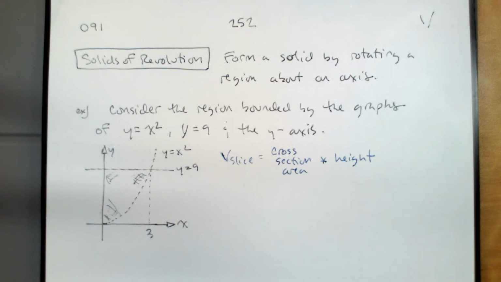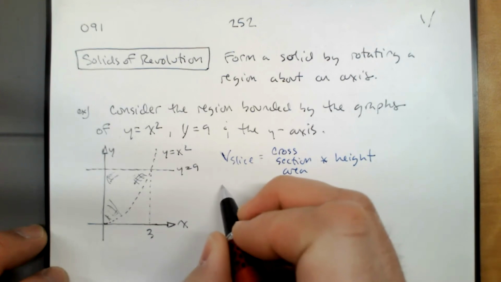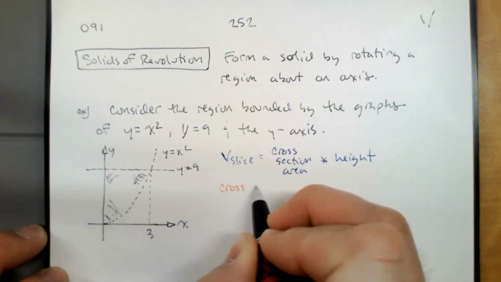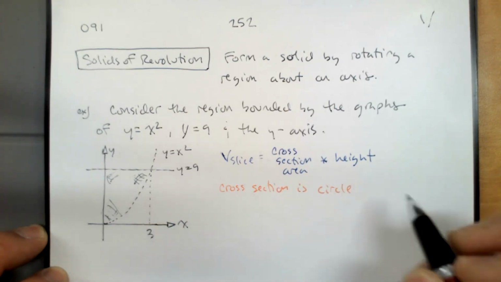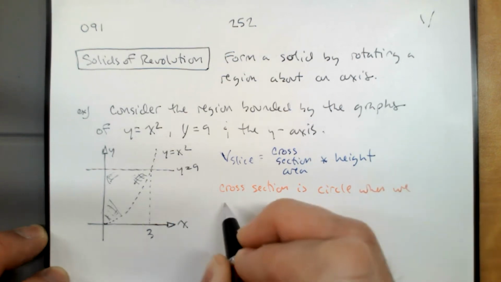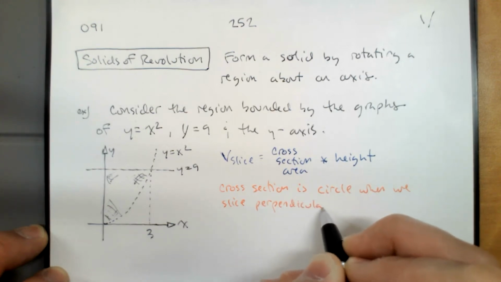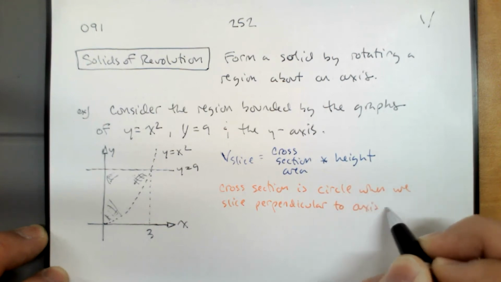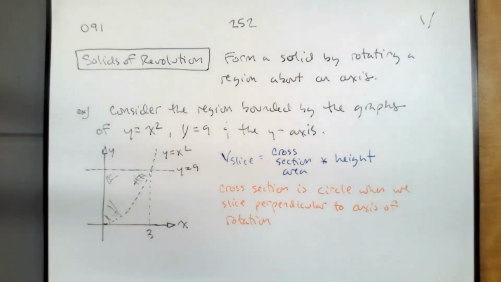So in this case, the cross-sectional area was a circle. The cross section is a circle when we slice perpendicular to the axis of rotation. So the volume of the slice was pi r squared times h.